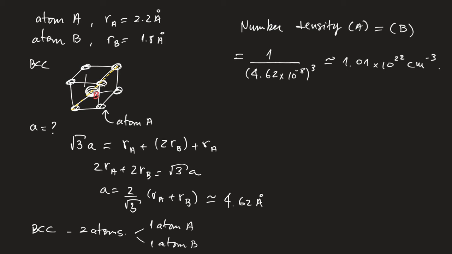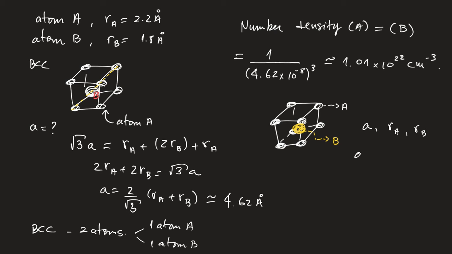What if we exchange the position of atom A and atom B? The situation now is atom B is in the corners of our simple cubic structure, and the atom A is in the center of our cube. Well, the relationship between a, the lattice constant, and the radii RA and RB is still the same as we found for the previous case. a will be 4.62 angstroms.